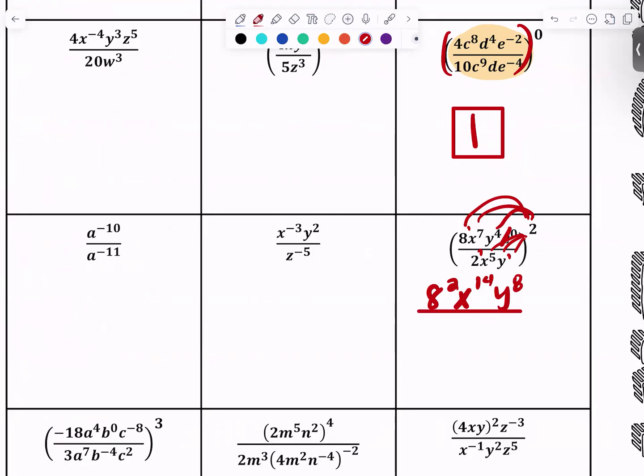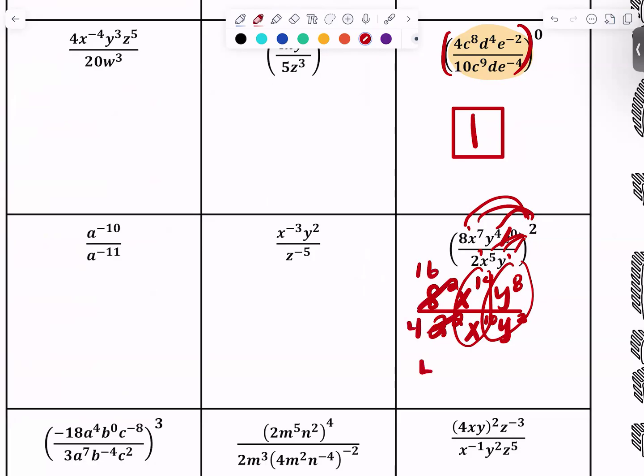And then we get to this one, and it's 2 squared, x to the 10, and y to the 2, because that was 1 before, right? 1 times 2. Now on these, you can reduce it or you can leave it. I think for sure on this, we should reduce these because those are the subtraction kind. So 8 squared is really 16, and 2 squared is really 4.